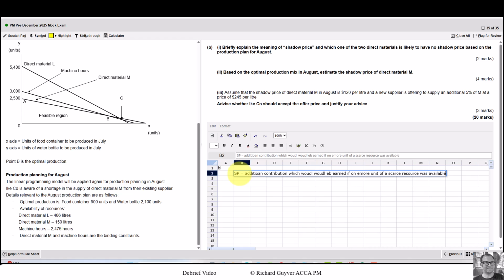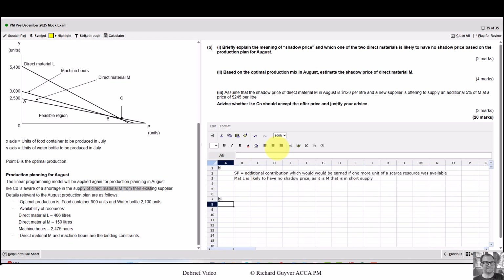It's a definition that might be worth learning. And so which of the 2 materials, this is for the second mark, is likely to have no shadow price? So either L or M. Well, it tells us that supply of material M is in shortage. So therefore, material L is likely to have no shadow price as it is M that is in short supply.